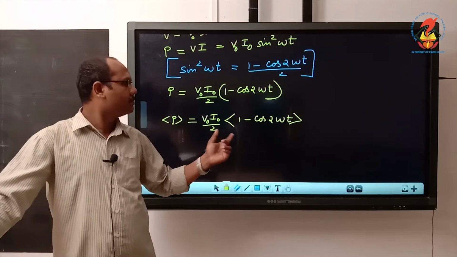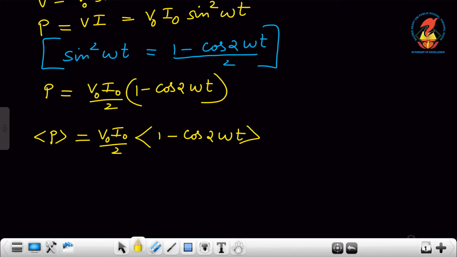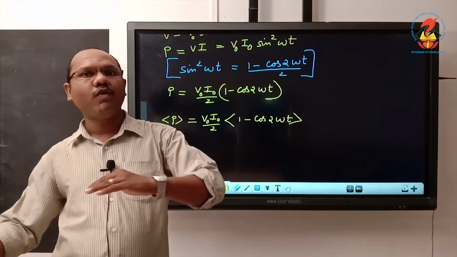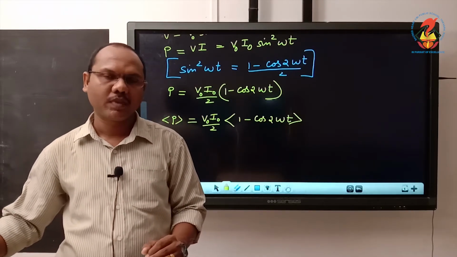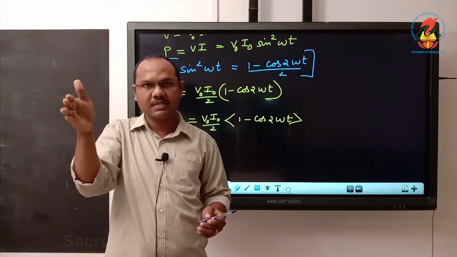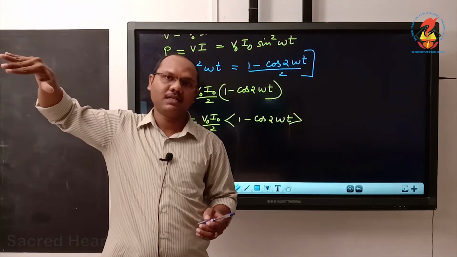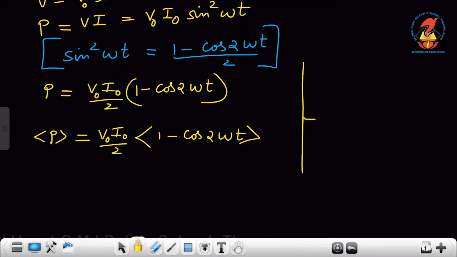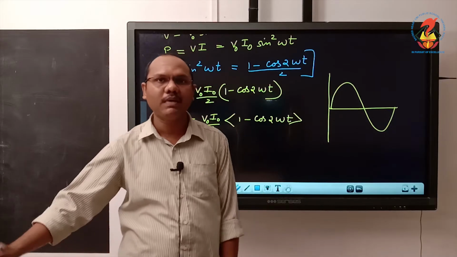Look at this equation. Here cos 2 omega t is time dependent. So when I take one full cycle of AC, you already know what is meant by alternating current: there is a positive cycle and a negative cycle. So if I consider one full cycle, there are equal positive values and equal negative values. So when you take the average, its value will be 0.